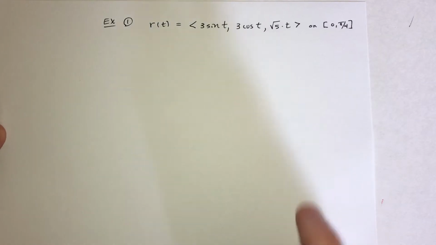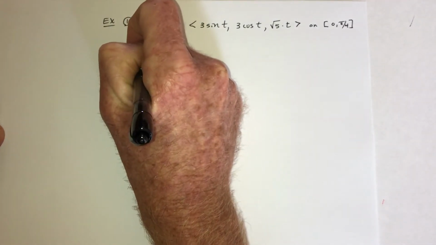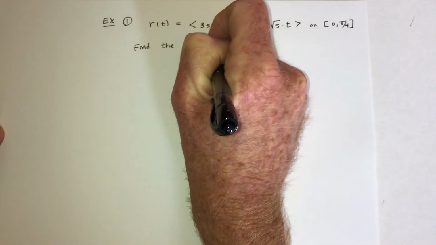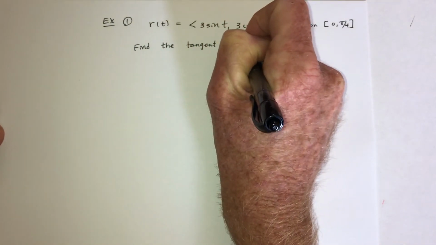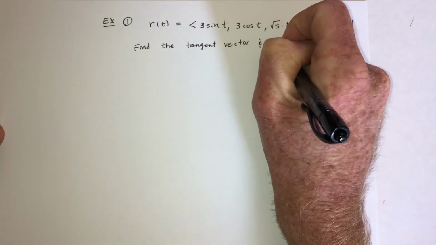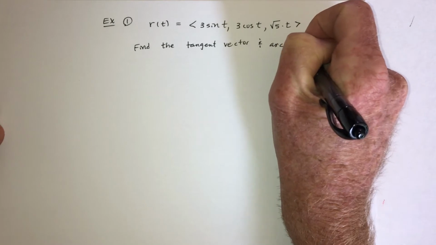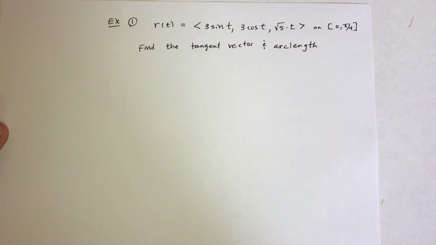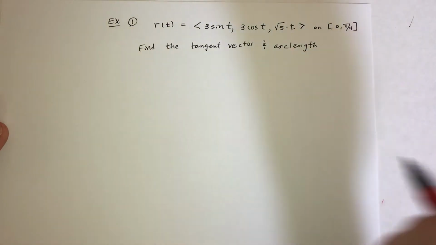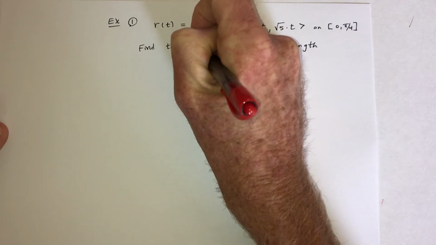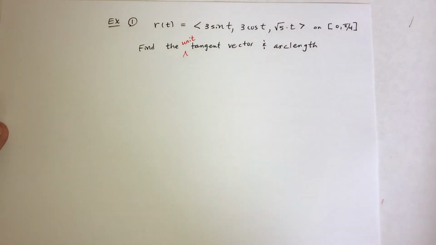All right, so find the tangent vector and arc length. So I don't know if you noticed, but I just took a quick break because I went to look at the homework, and it says actually find the unit tangent vector.